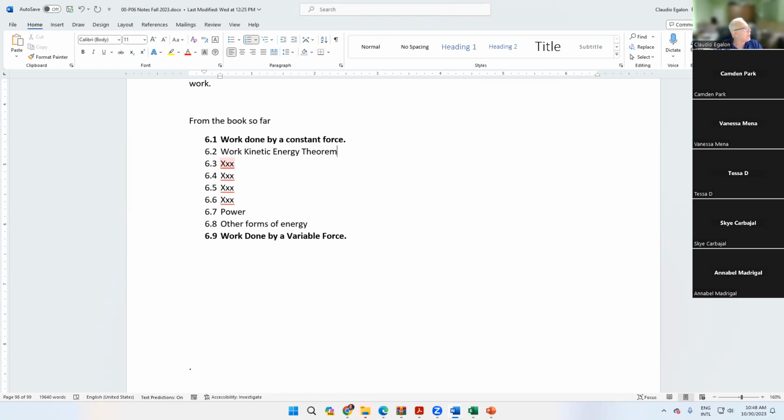The other topics are gravitational potential energy, conservative versus non-conservative forces, conservation of mechanical energy, non-conservative forces and the work kinetic energy theorem, and power, okay.